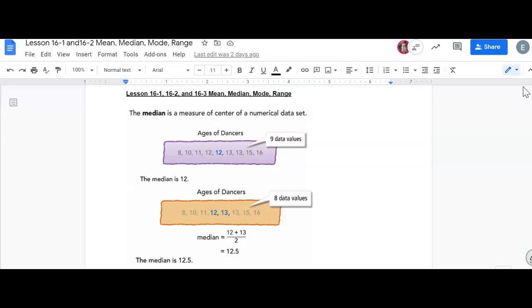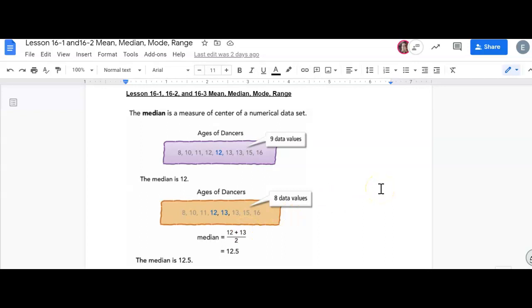Now, if your middle has two numbers, like this example here, you have to add the two numbers and divide by 2. In this case, you might have been able to find the middle of 12 and 13 pretty easily, but sometimes they will not be that easy. So that's why we are telling you to add both numbers and divide by 2. That gives you the middle.